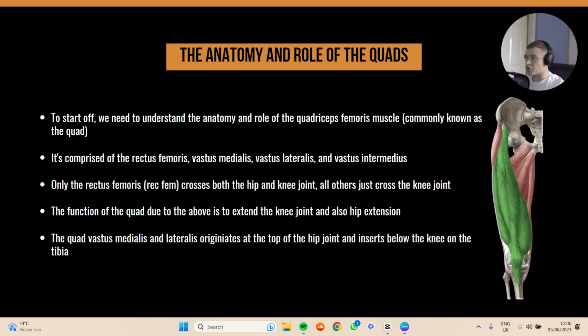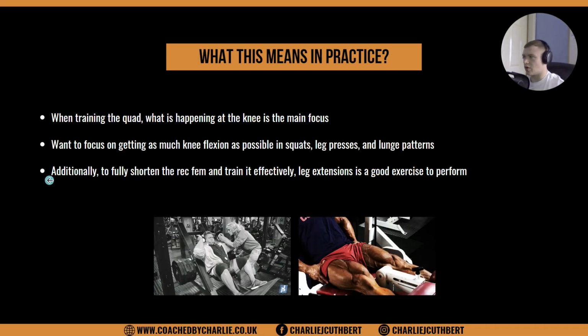The reason being is your rec fem, or I'll just basically refer to it as that from now on, which is your rectus femoris, crosses over the hip joint. So instead of attaching to the top of your leg, it crosses across the hip joint. What that means is hip extension will influence the length of the muscle, and it's also got a role.